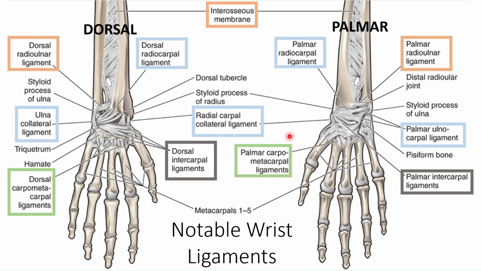The wrist contains roughly 4 categories of ligaments that support the joints.